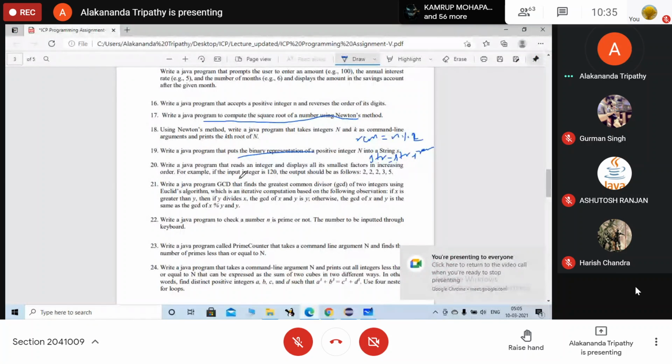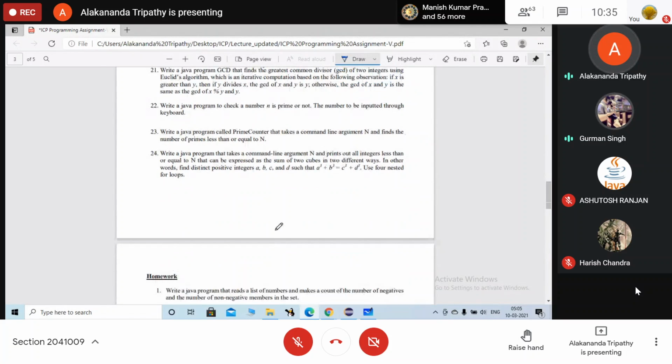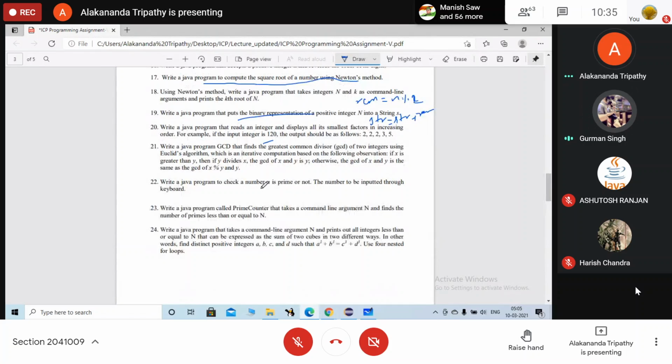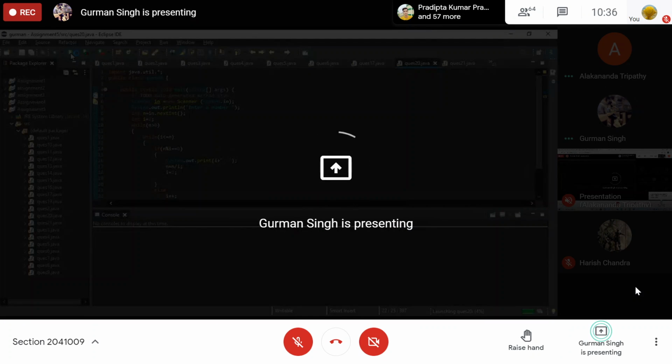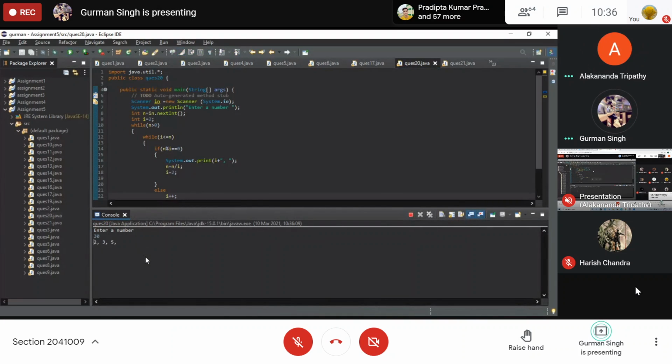ओके 20, ये स्मॉलेस्ट फैक्टर निकाला है. Can you do this one, question number 20? Yes, ma'am. हाँ बनाओ इसको. Then we will start with हाँ 2150. हाँ जो लोग बना दिए शेयर योर स्क्रीन. क्वेश्चन नंबर 20. ये क्वेश्चन नंबर 20 का है. Yes, it's correct.